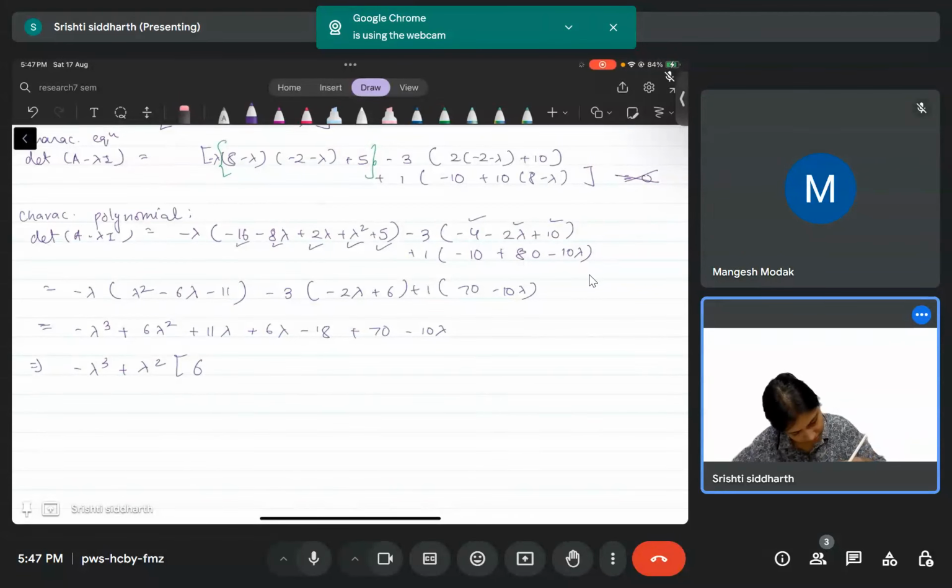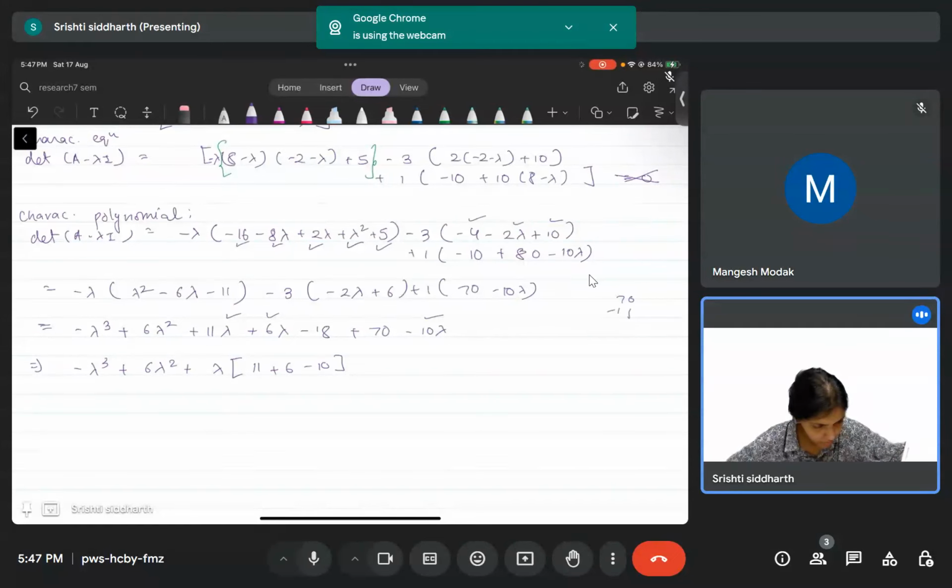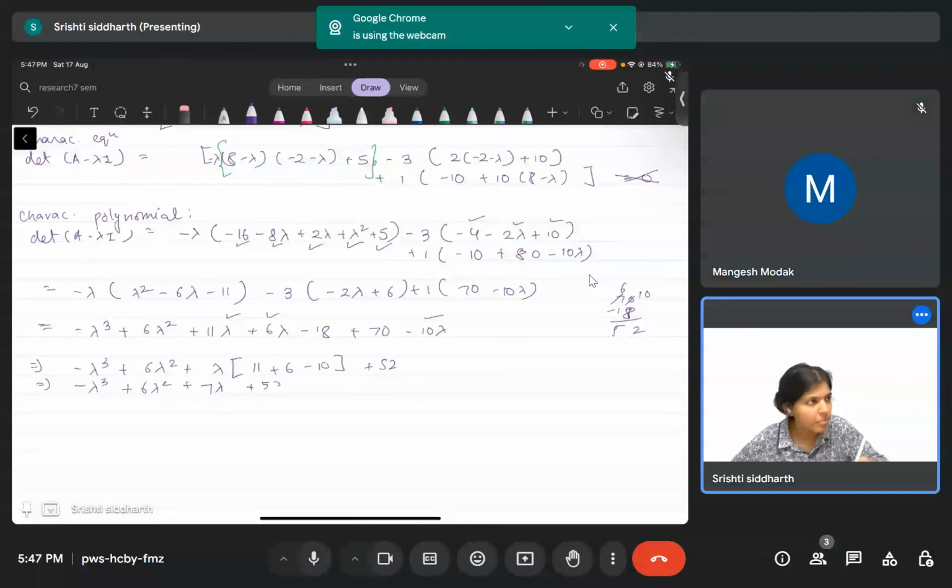So this is 6, and you have plus 7 lambda plus 22.